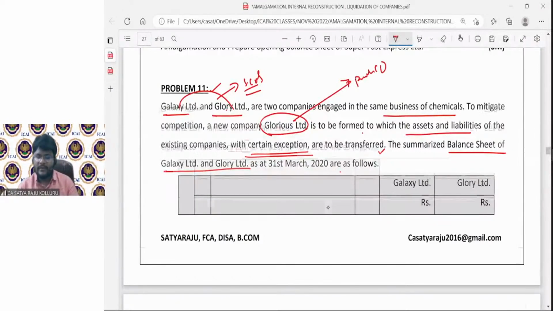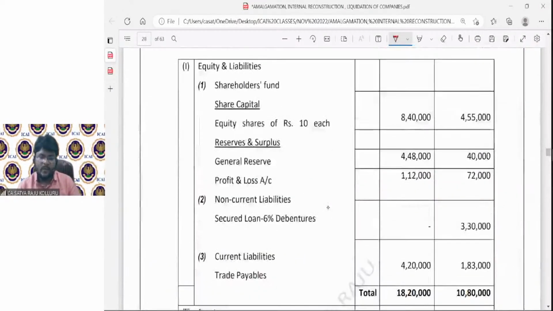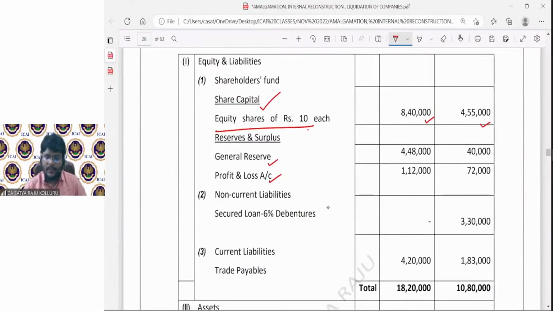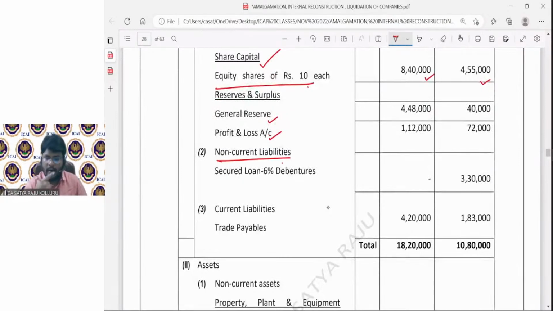Now the selling companies' information is given. Under equity and liabilities, shareholders' funds, share capital is given: equity shares of rupees 10 each, 8,40,000 and 4,55,000. Under reserves and surplus, general reserve is there, P&L is there. Under non-current liabilities, secured loans, 6% debentures were given.